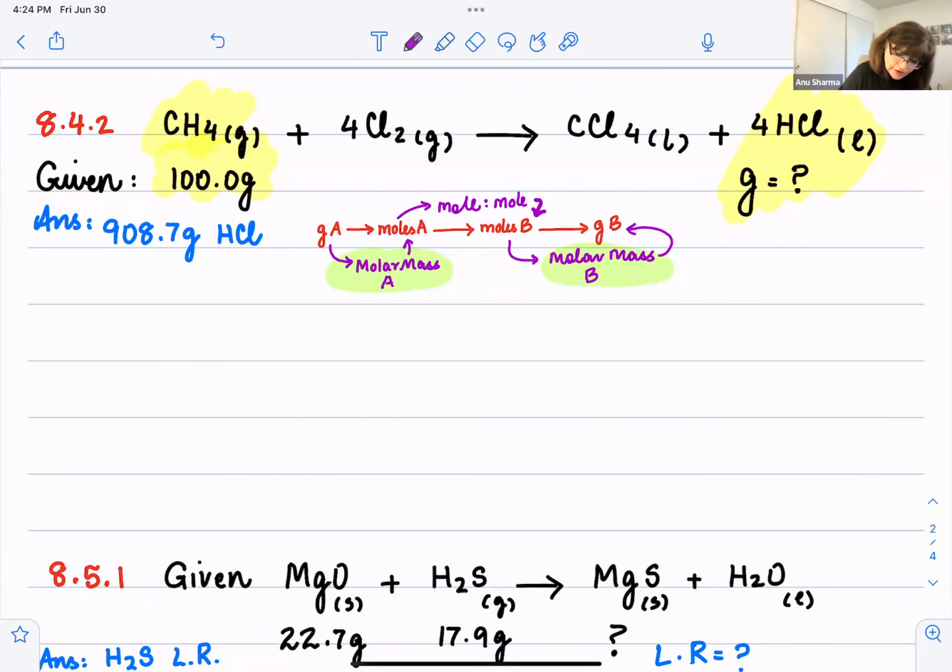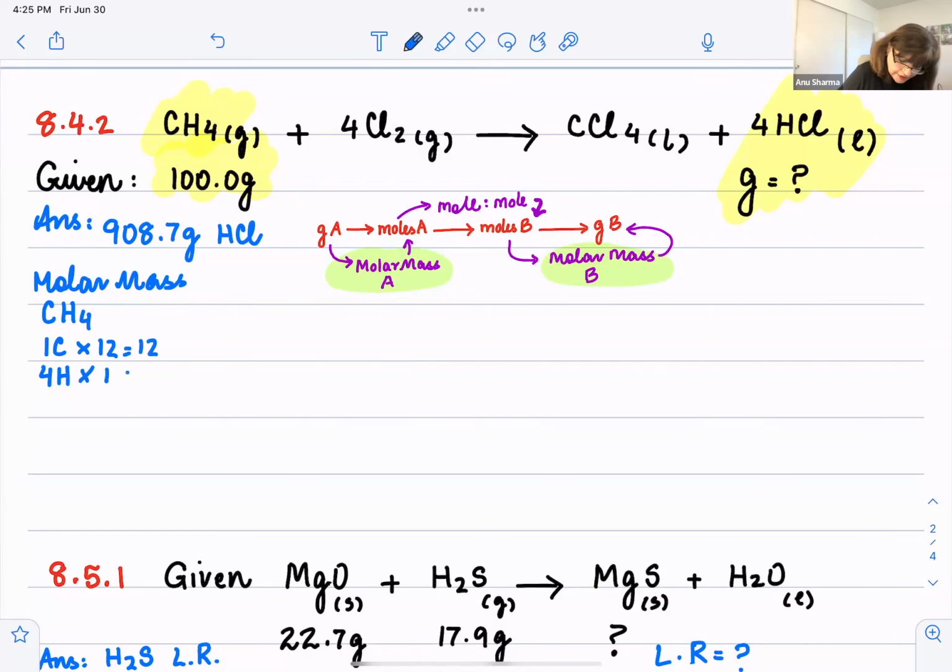So we are going to now find the molar mass of CH4 and of HCl. So CH4 is 1 carbon and 4 hydrogens. Carbon is 12 and hydrogen is 1.